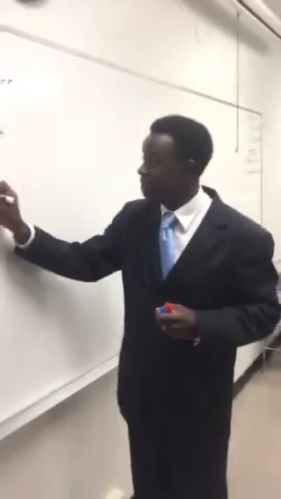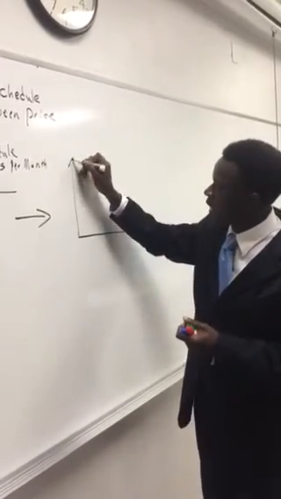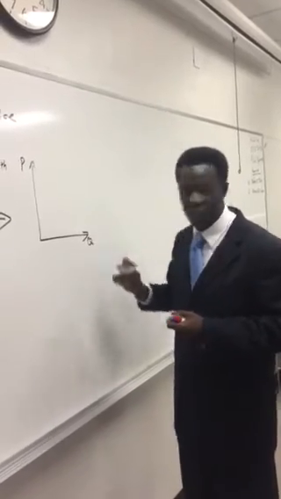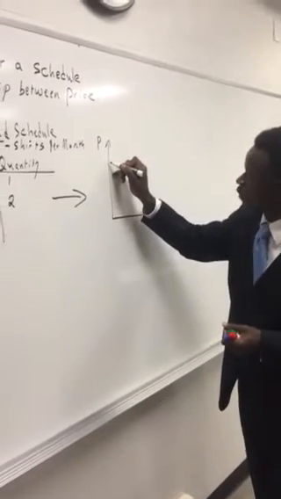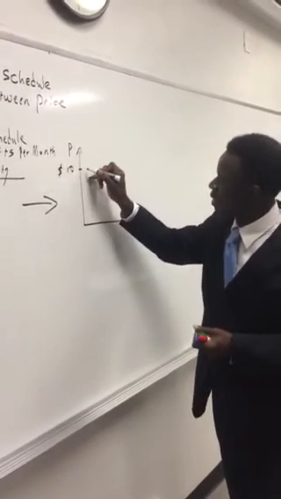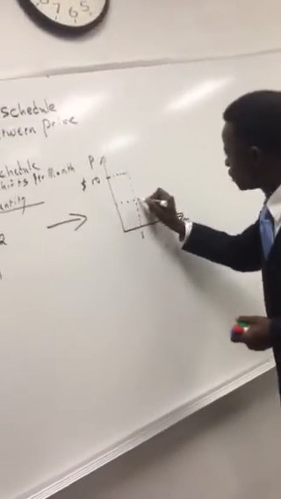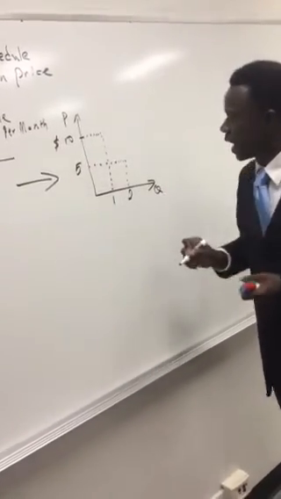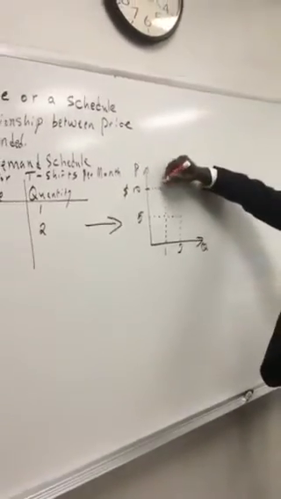We also said that demand is a curve. So we draw a curve. We have here the price, P stands for price, and here quantity, Q stands for quantity. At the price of $10, the quantity demanded is 1. At the price of $5, the quantity demanded is 2. Now we connect the dots.